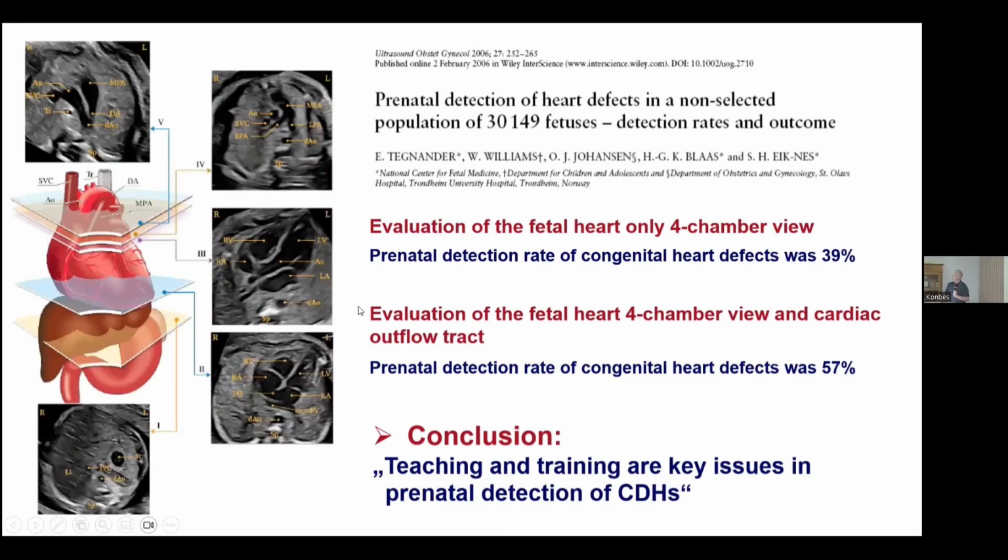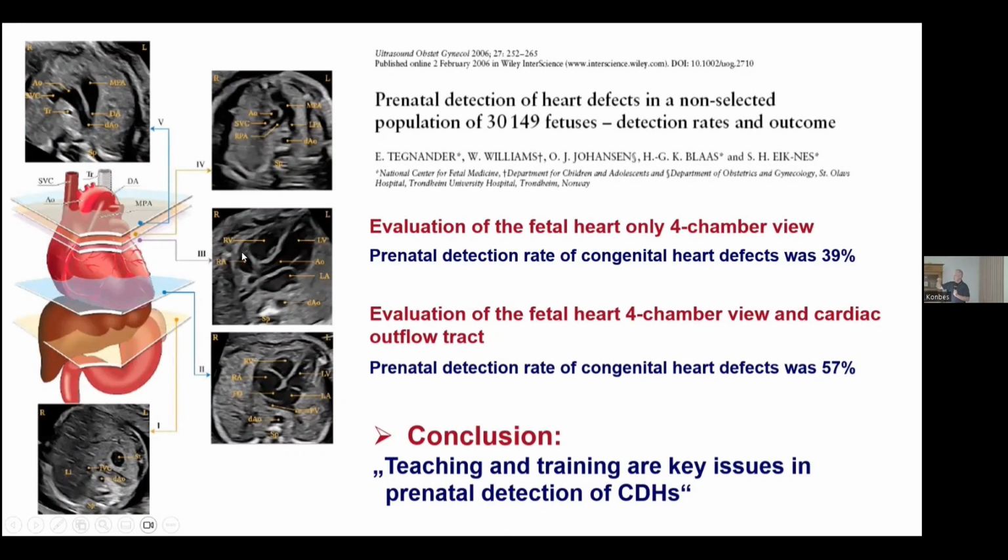So the ISUOG makes a lot of courses, and they say in their guidelines that we start at the abdomen. Look for the sides of the stomach, and then for the heart. You see here also the depiction of the structures.